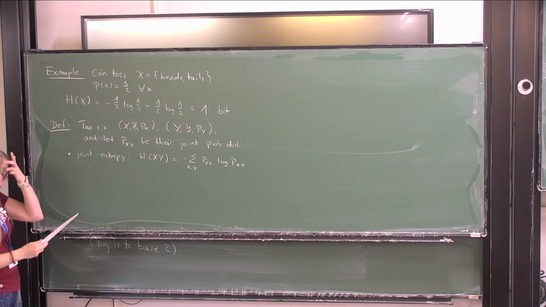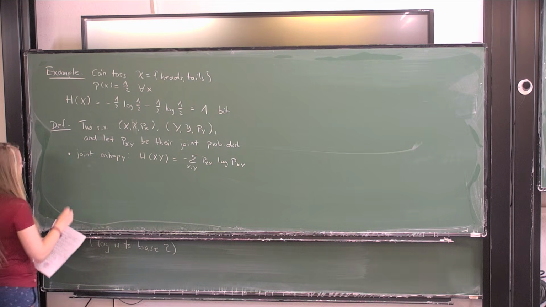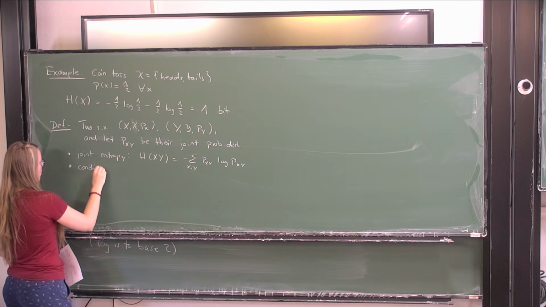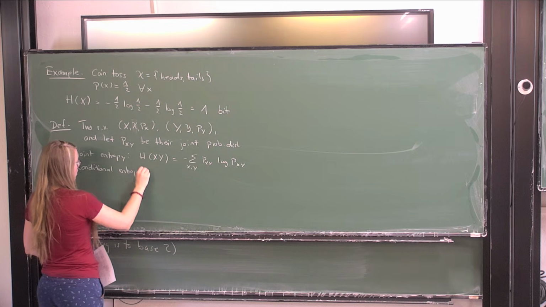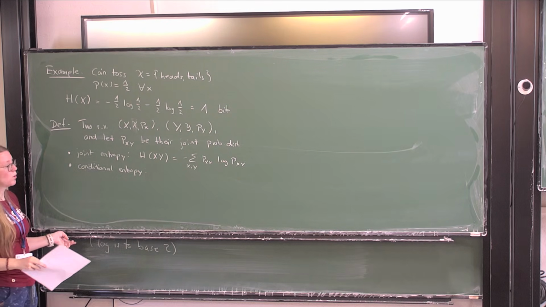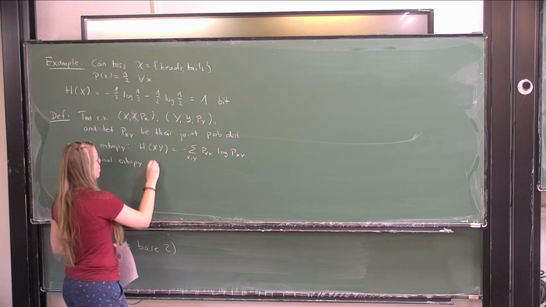You can also take the conditional entropy, which is supposed to tell you how much information you have about x when you already know y.